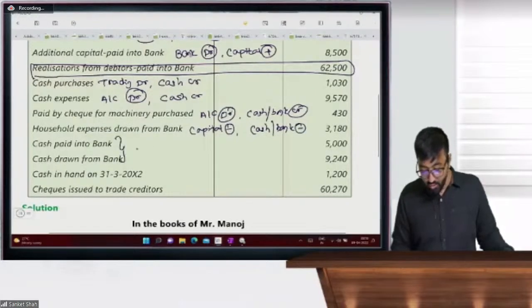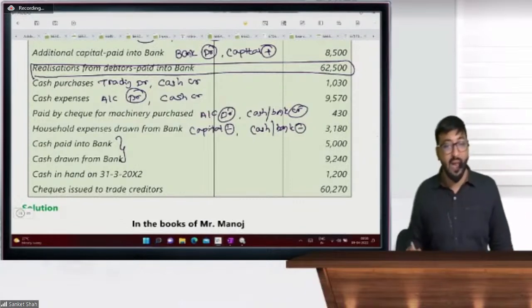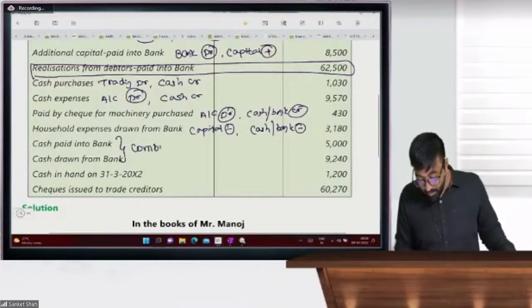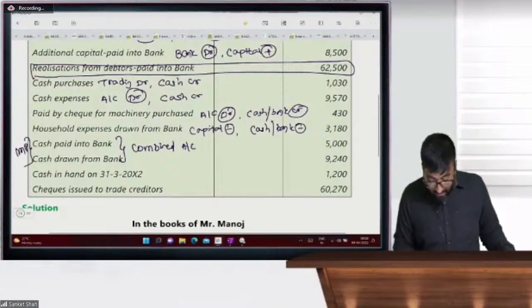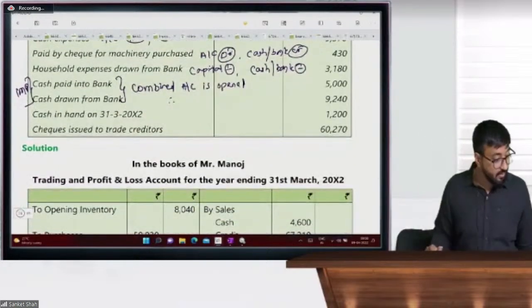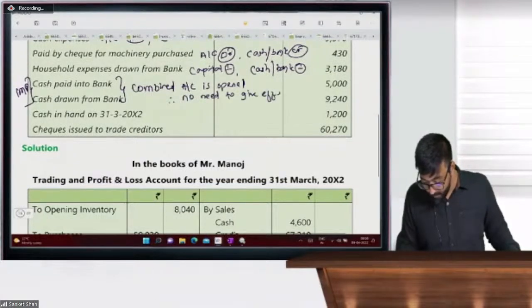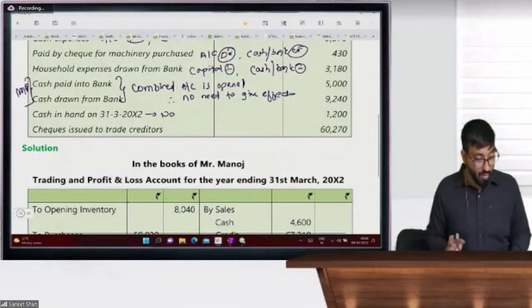Beta, now there is no need to pass these entries, cash paid into bank and cash drawn from the bank, because a combined account is open. Important. Combined account is opened. Therefore, no need to give effect. फिर अलग अलग किया रहता, फिर contra entry you have to pass.